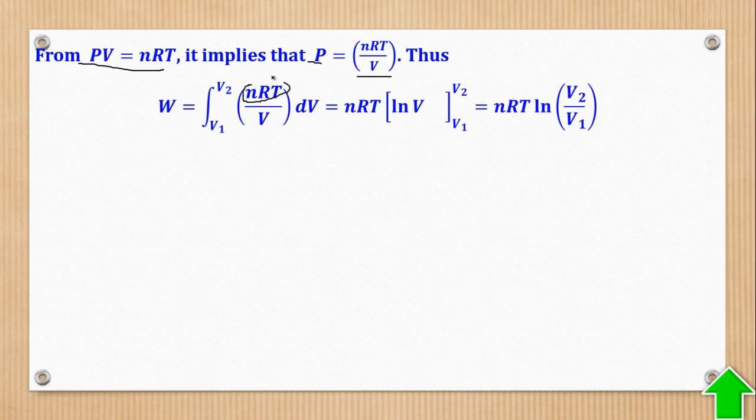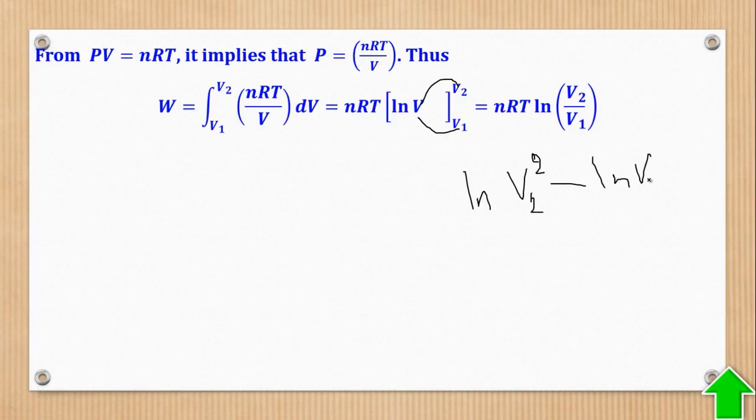Now this is constant, so pull it out to give you that. Then integrate 1 over V to give you natural log of V. So after integrating, we shall substitute limits. So substitute this here minus this to give you, remember, natural logarithms are like logarithms. When I substitute for V here, I'll come up with ln V2, then minus ln V1.